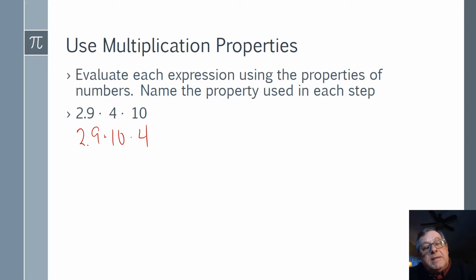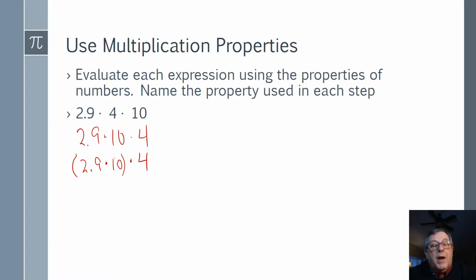Now, to make this even a little bit more simple, I could take 2.9 times 10, group it together, times 4. And by the way, that's the associative property, because we can group things in certain orders to make things easier.